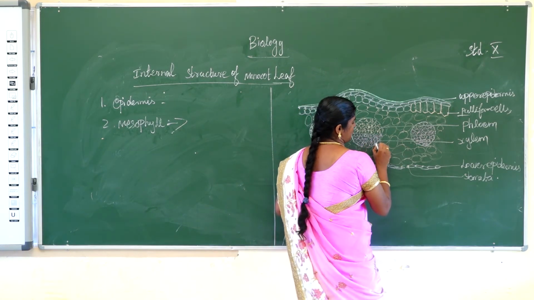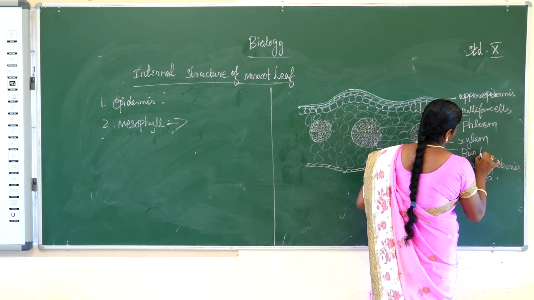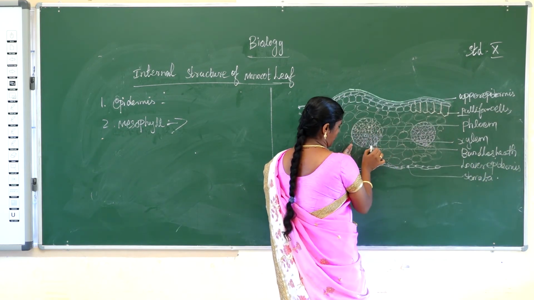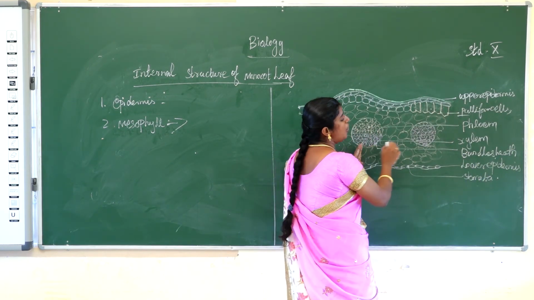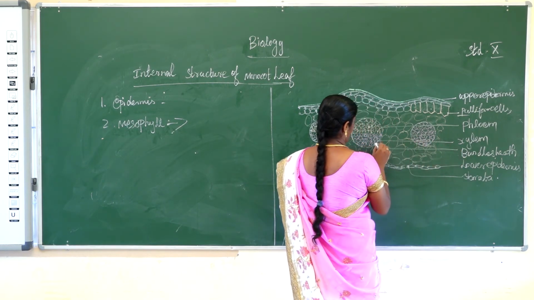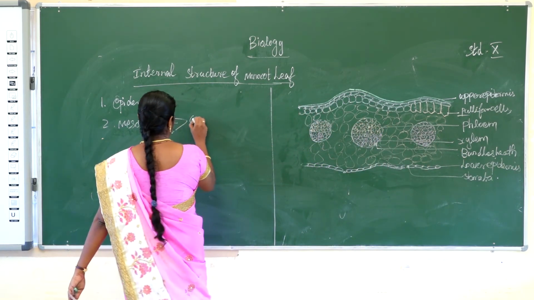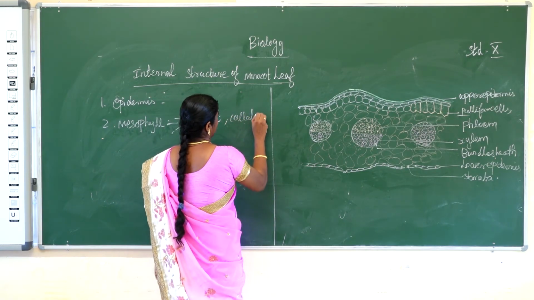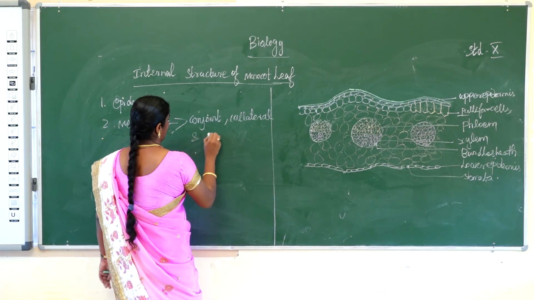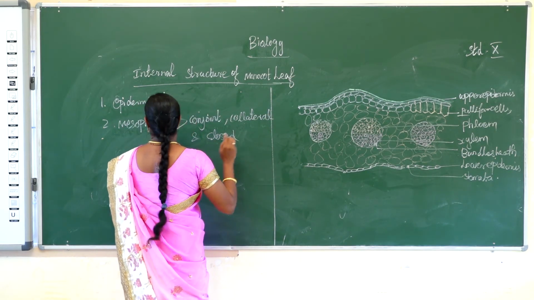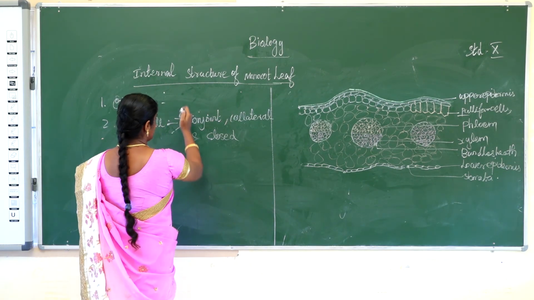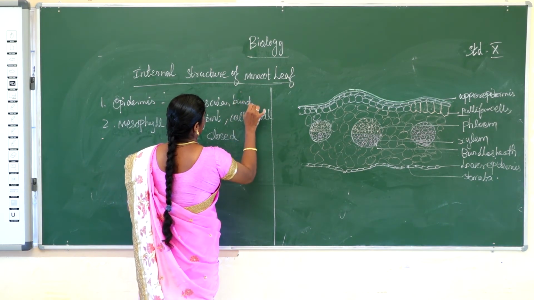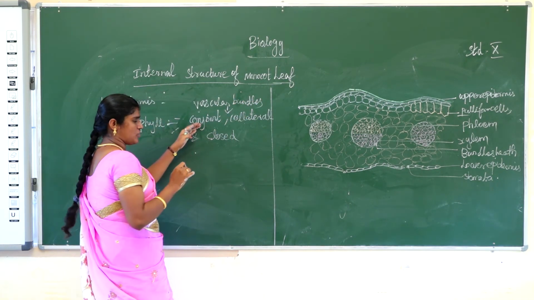Another one, bundle sheath is present. What is bundle sheath? Each vascular bundle is surrounded by a parenchymatous sheath, called the bundle sheath. Another important point, the vascular bundle type: conjoint, collateral and closed.